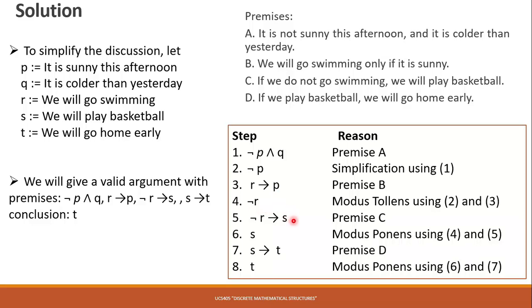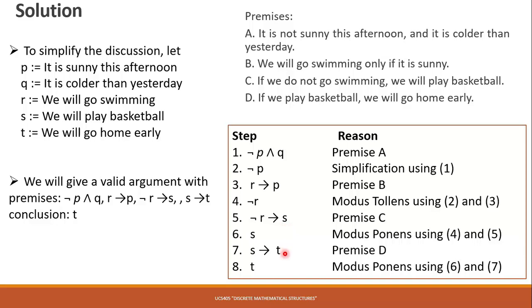Now third premise is negation R implies S. Applying modus ponens on negation R and negation R implies S, our conclusion, which is S in this case, will also be true. So we can say S is true.